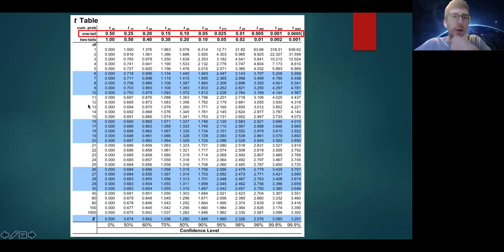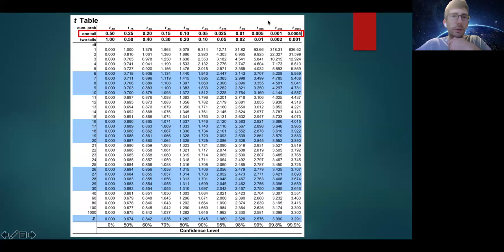In the Z table, our actual Z values were along this column here, and up here, when we knew our Z value and we were looking for the area under the curve, we'd come down to 1.6. If it was 1.65, we'd go over to the 0.05. We would come down and find a Z value, an area under the curve, on the inside of our Z table. So the T table is almost the opposite.